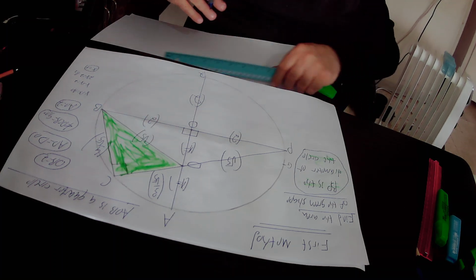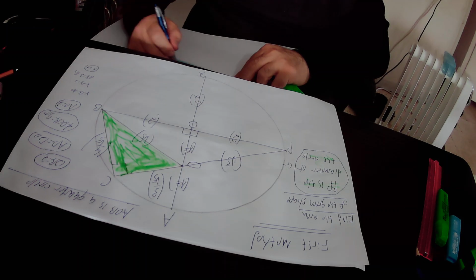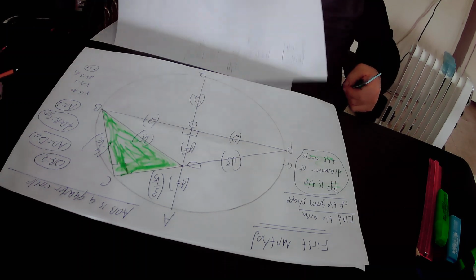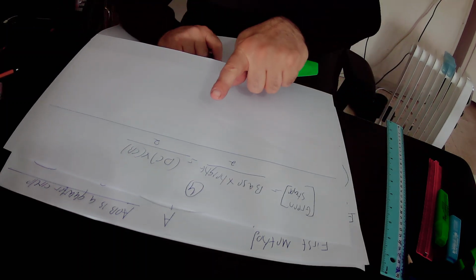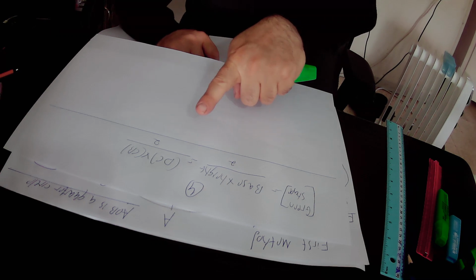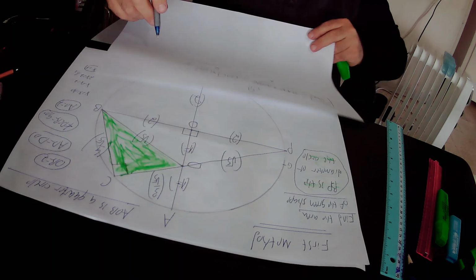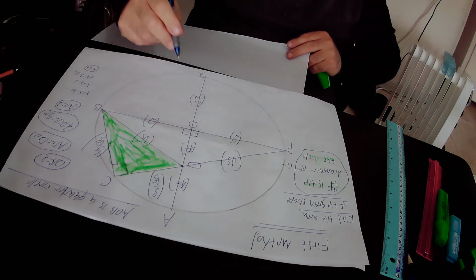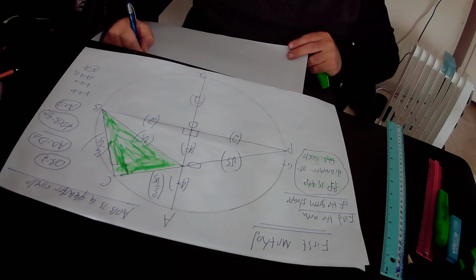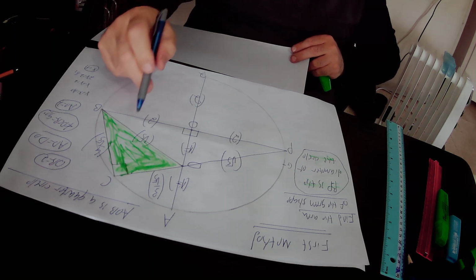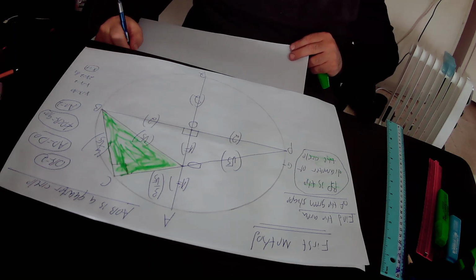So repeat again: we choose the base of the green right triangle DCB as DC, and the height is CB. The base DC is 3 over square root of 5, times the height CB, which is 4 over square root of 5, divided by 2.